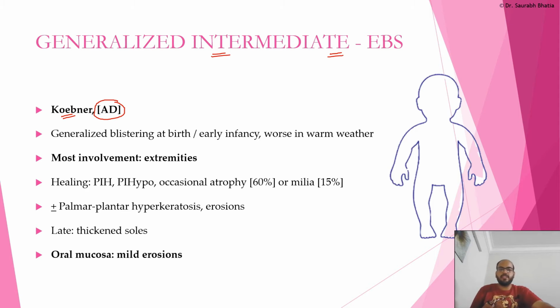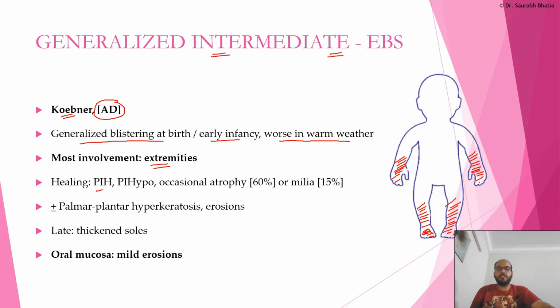There is generalized blistering at birth or early infancy, which can become worse in warm weather. Most involvement is at the level of extremities. Why? Because they are the ones that come into contact with the environment. So look at this diagram, mostly the extremities are involved.